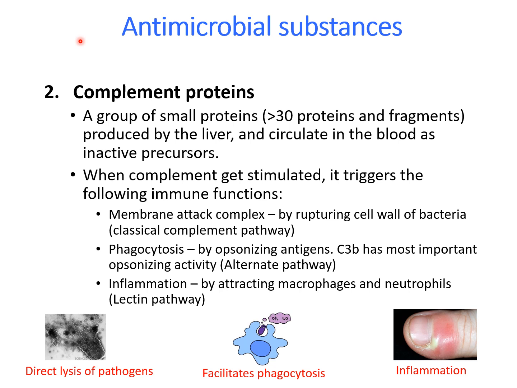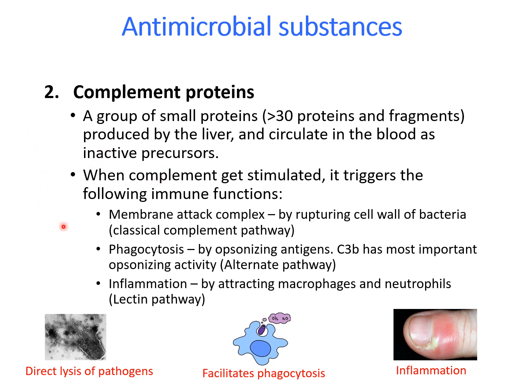Another type of antimicrobial substance is the complement proteins. Complement proteins are a group of small proteins produced by the liver that circulate in the blood as inactive precursors. When complement gets stimulated, it triggers the following immune responses.